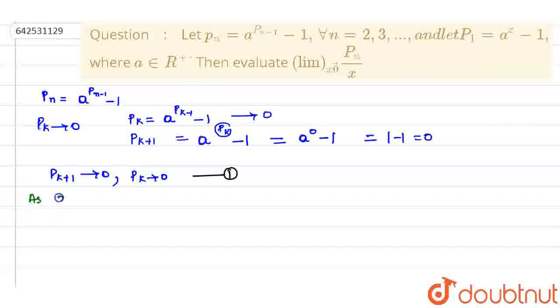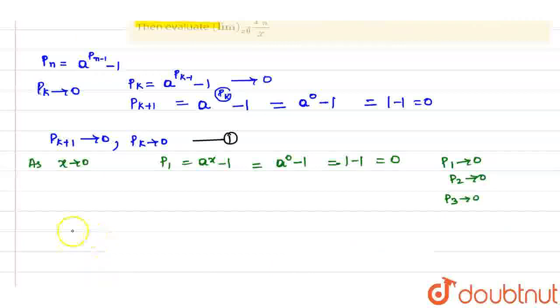Let's say as x tends to 0, P1 given over here is A^x minus 1, or A power 0 minus 1, which is equal to 1 minus 1, equal to 0. I can say P1 tends to 0, similarly P2 tends to 0, similarly P3 tends to 0, right?